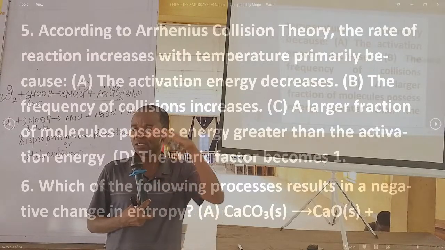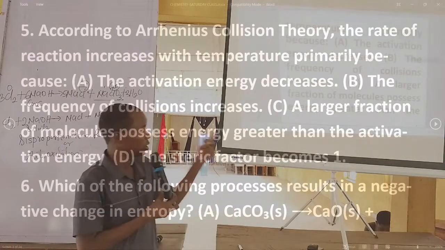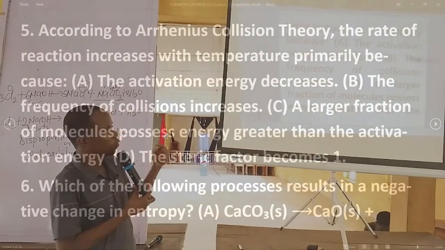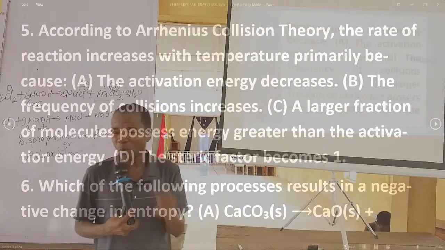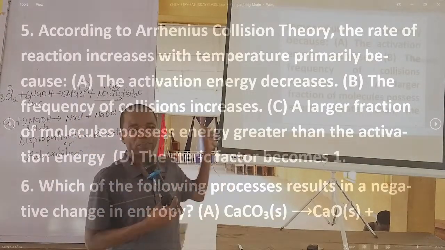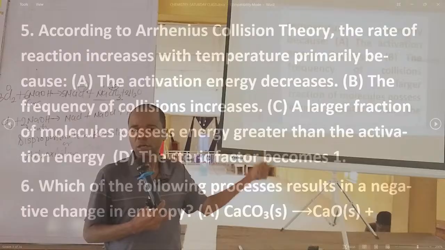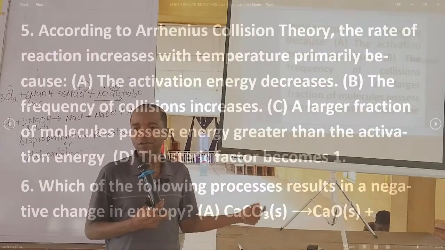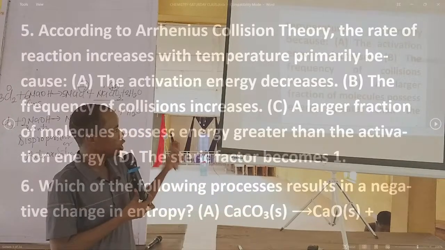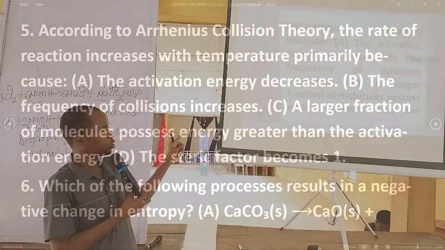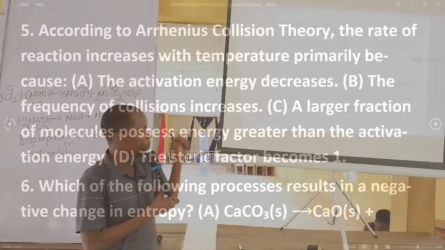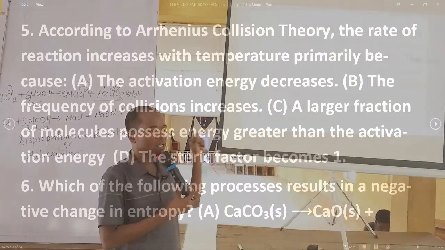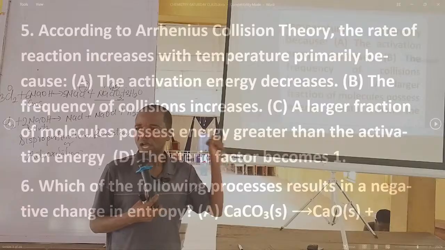We look at option B, the frequency of collision increases. It's true, but that's not the primary reason why temperature increases the rate of reaction. The major one is option C, a larger fraction, a larger number of molecules, possesses energy greater than the activation energy.